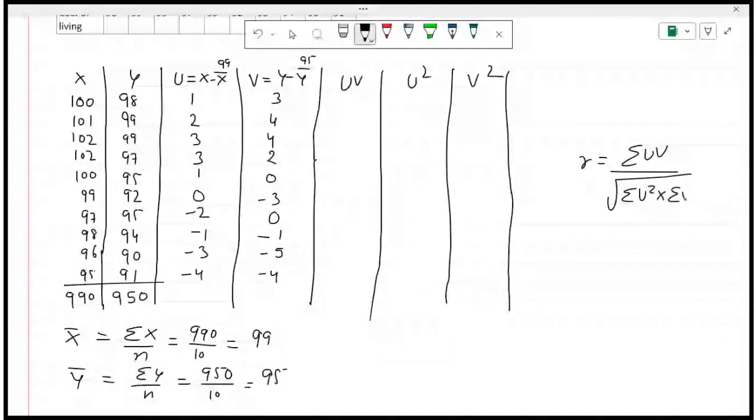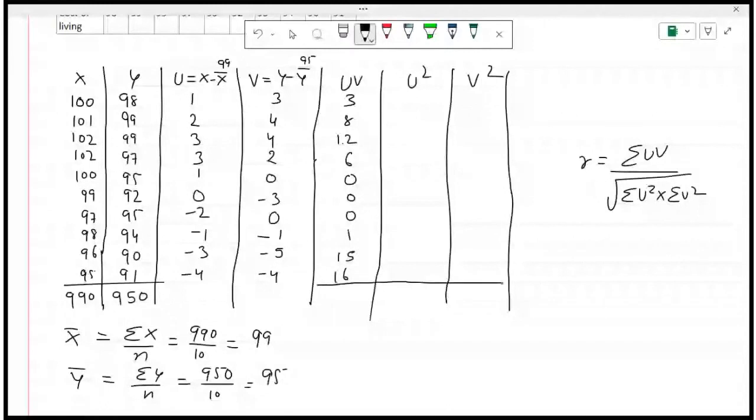So the products: 3 into 1, 3. 4 into 2, 8. 4 into 3, 12. 3 into 2, 6. 1 into 0, 0. 0 into 3, 0. 0 into 2, 0. Minus minus plus, 5 into 3, 15. 4 into 4, 16.